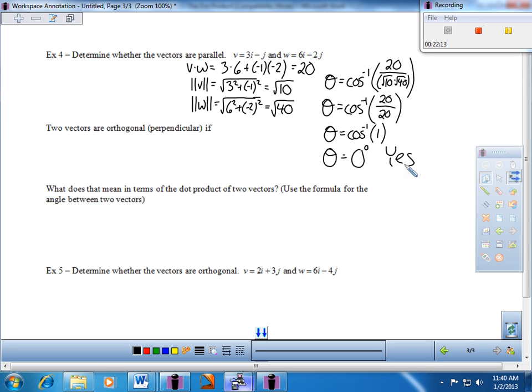Last piece, everyone, is to take a look and see if two vectors are what are called orthogonal. Orthogonal is just another word in this context for perpendicular. And here's what's kind of interesting about this piece. Obviously, if they're perpendicular, the angle between them is going to be 90 degrees. But I think we can simplify this.